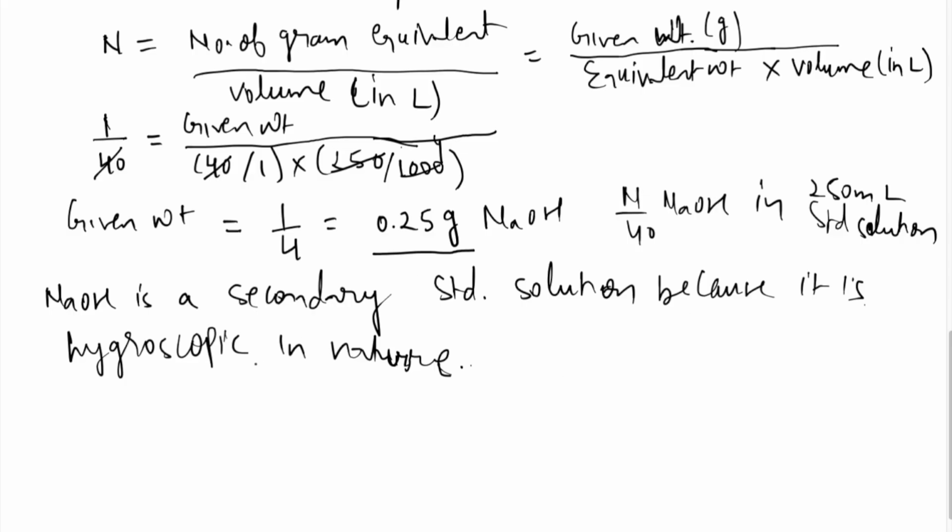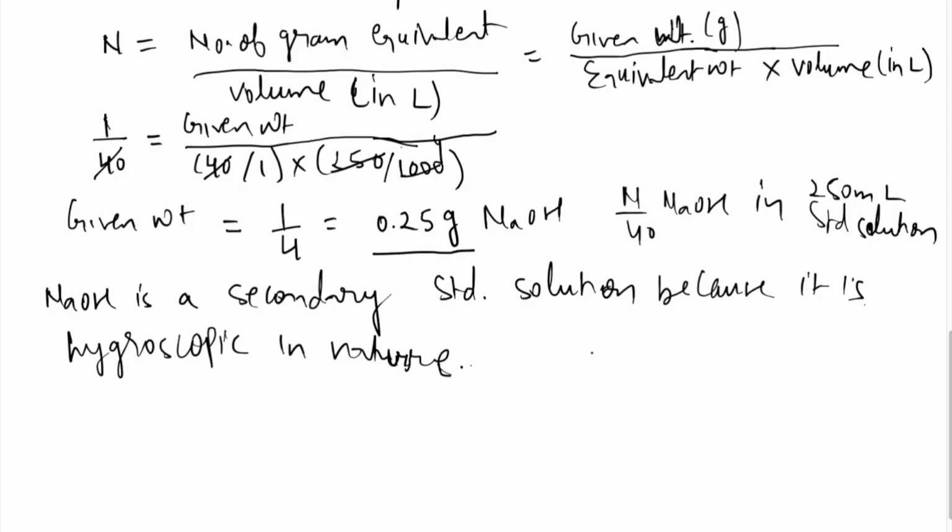That is why even after doing all the calculation correctly, transferring the exact amount in the standard flask, and adding the exact amount of water, you will still end up with a not exact solution. That solution is a secondary standard solution. To exactly find out the strength of that solution, you have to titrate it against the primary standard solution.